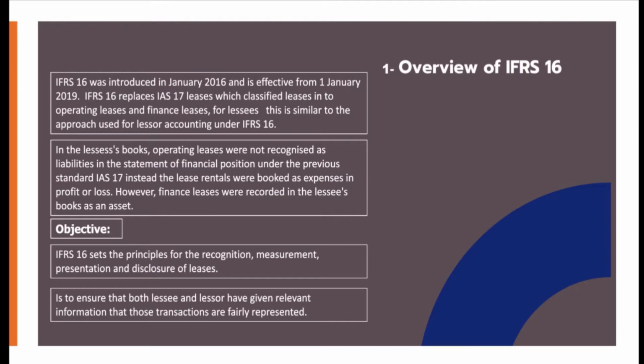The lessee did not show the lease liabilities and right of use asset in the previous standard. So the new standard obligates companies to show the right of use asset and lease liabilities for the lessee, and the lessor also has to show relevant information about the lease contract.